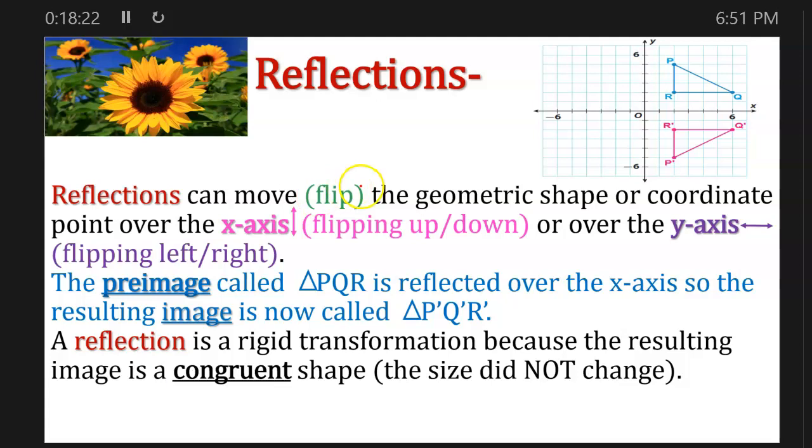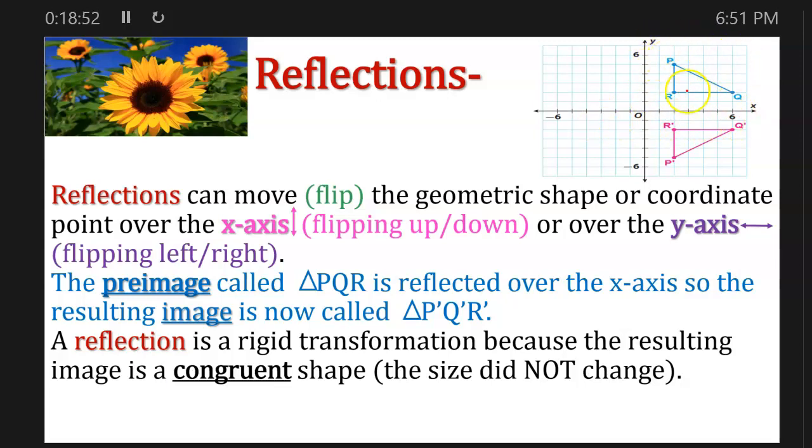Reflections. Now, reflections can move or flip the geometric shape or coordinate point over the x-axis by flipping it up and down, or over the y-axis by flipping it left and right. The pre-image is called triangle PQR, and is reflected over the x-axis here, so that the resulting image is now called triangle P prime, Q prime, and R prime.